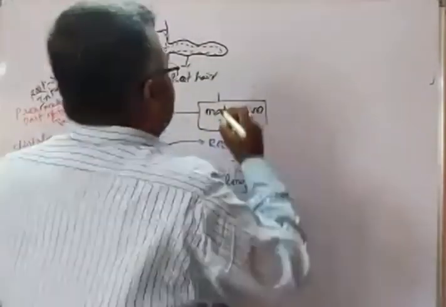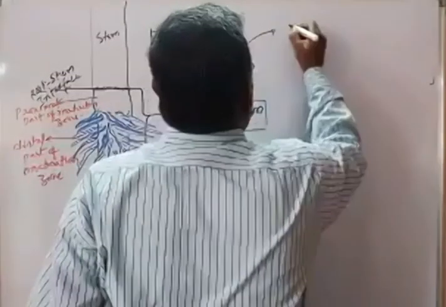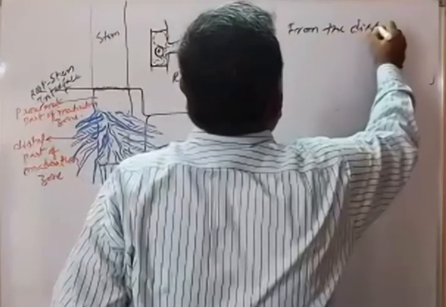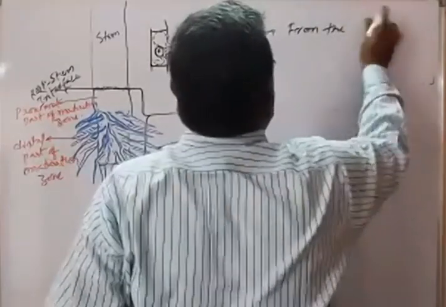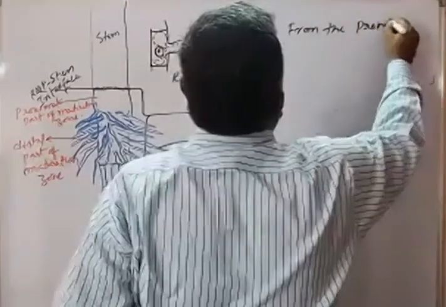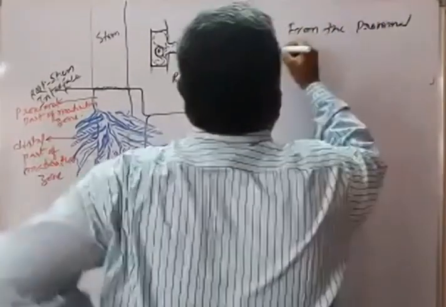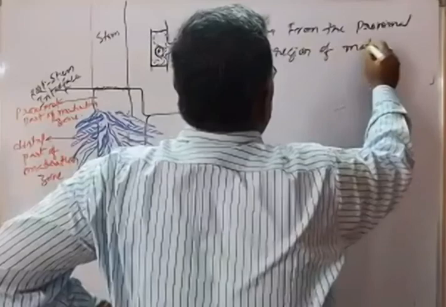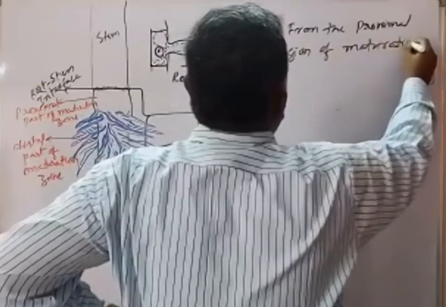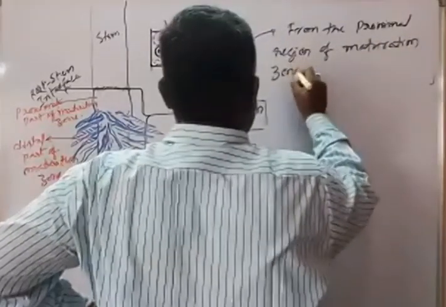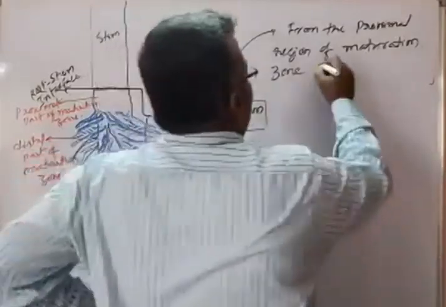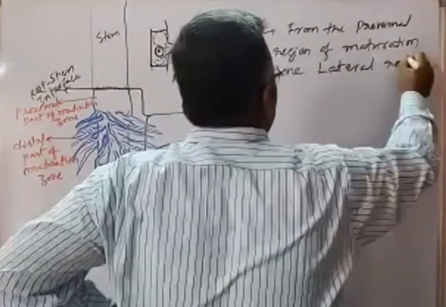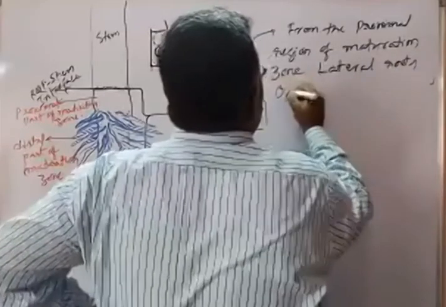Next, another important aspect. From the proximal region of the maturation zone, lateral roots originate.